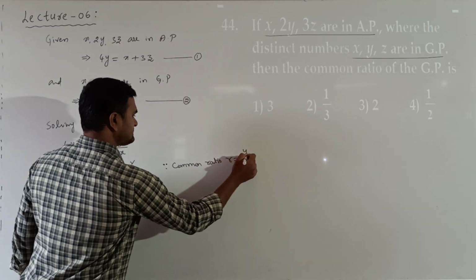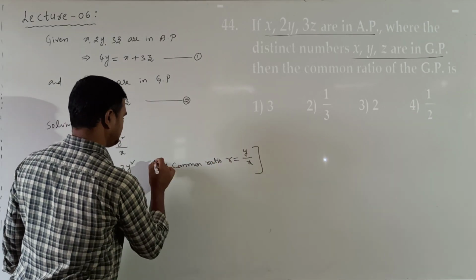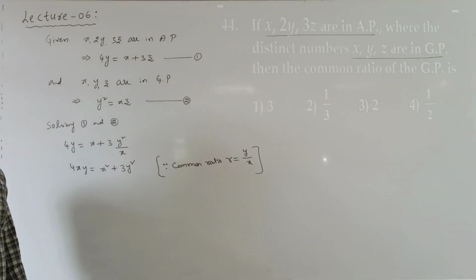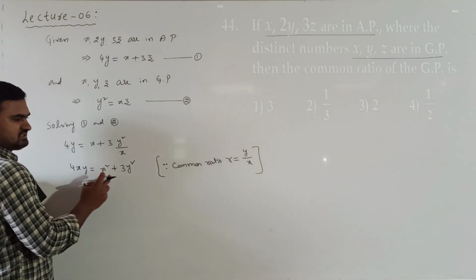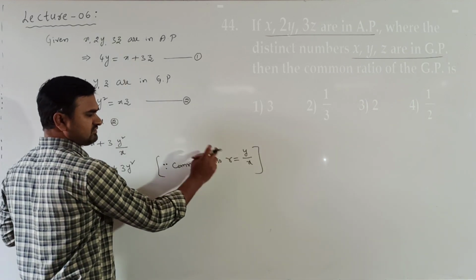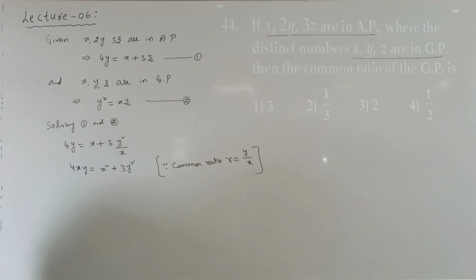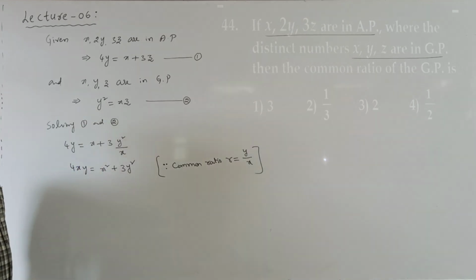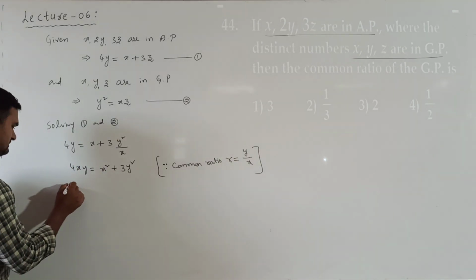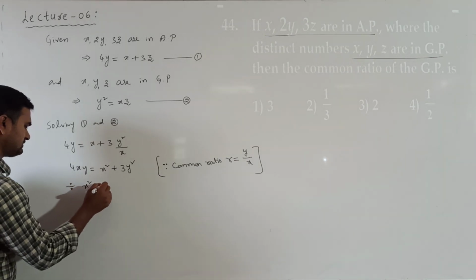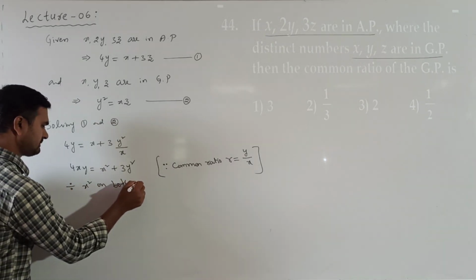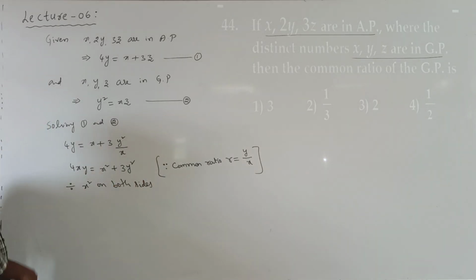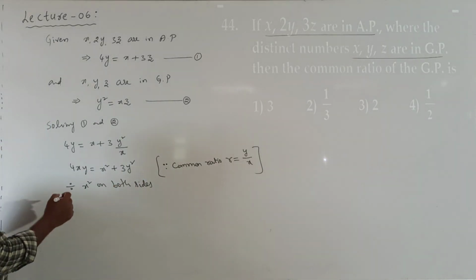So instead of writing in terms of two variables x and y, now I write that in terms of the common ratio r, which is y by x. So to get y by x, you divide by x square on both sides. Then we can write in terms of only one variable and solve easily.